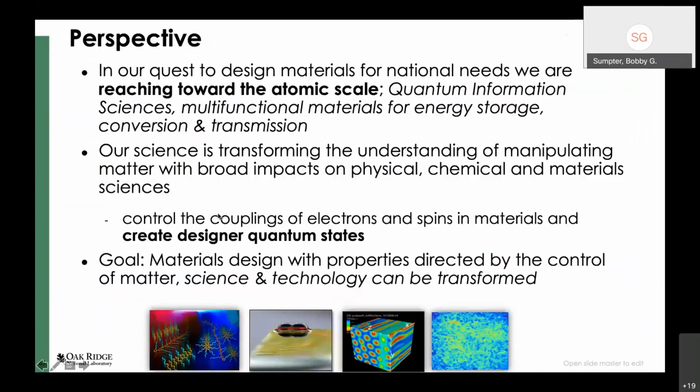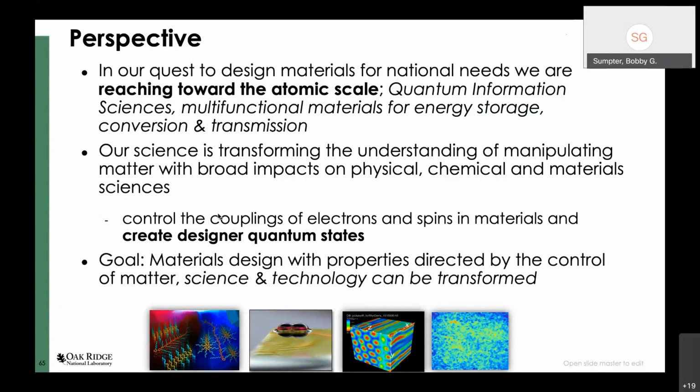So just a quick perspective in terms of defects and control. In our general quest in science and technology to meet national needs and the next generation of technology, we're really going down to the bottom.